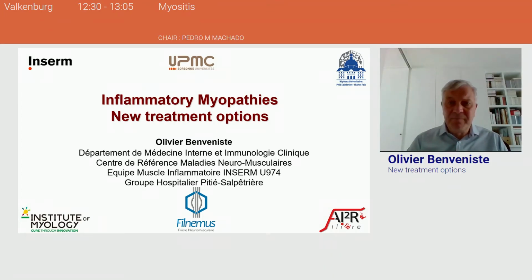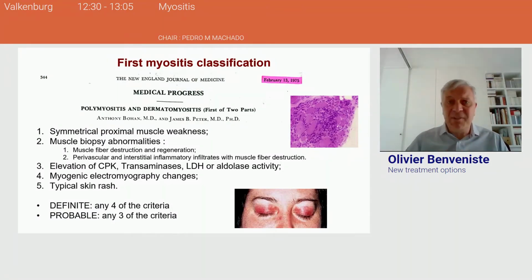And we will start with classification of myositis, because really to speak about new treatment, classification matters. As you know, most of the literature is based on these binary classifications of polymyositis and dermatomyositis coming in the mid-70s.